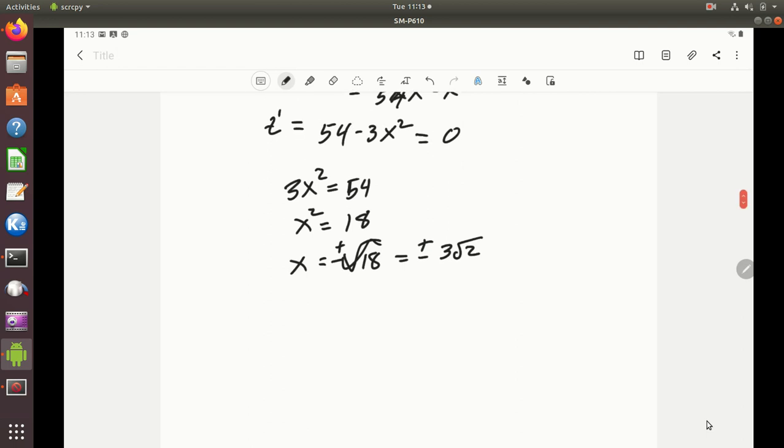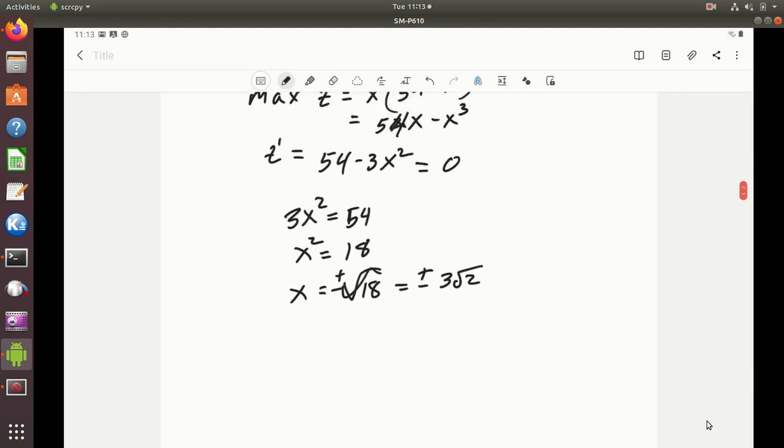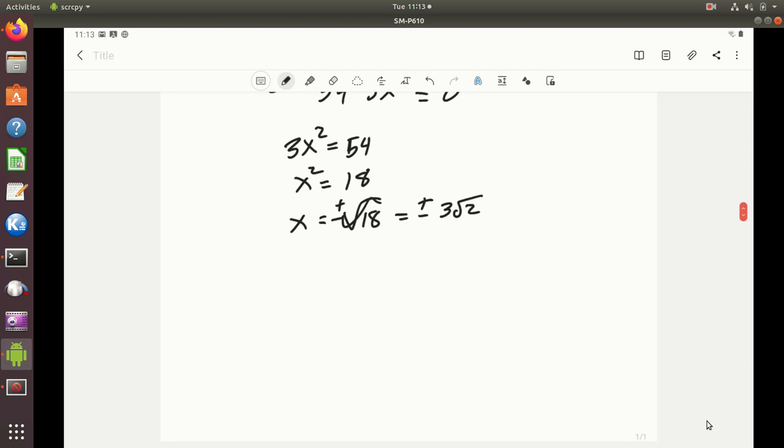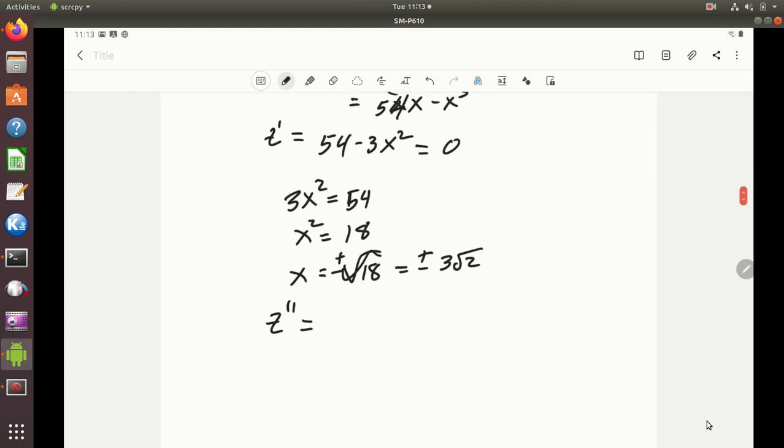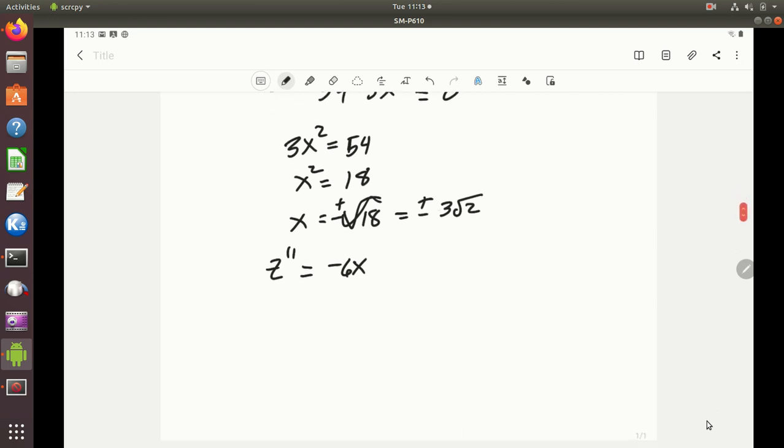Okay, so there are my two possibilities. And, well, let's check concavity. z double prime is minus 6x. And so I see that if I want to maximize, I want the positive 3 times the square root of 2, right?